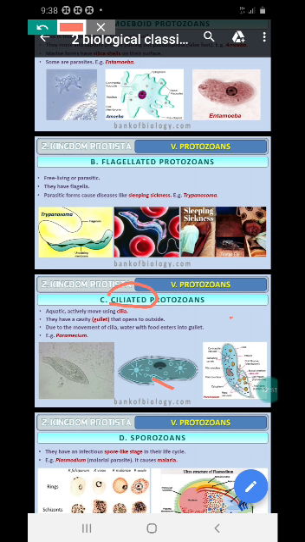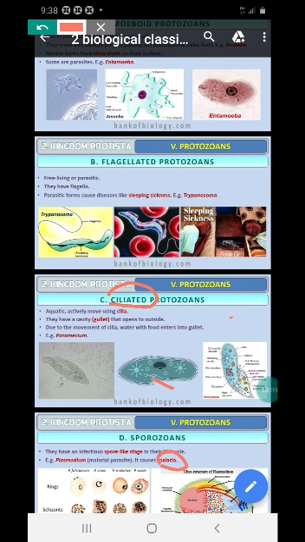For example, Plasmodium, which causes malaria in human beings. This Plasmodium has two hosts, right? You know that. What are the two hosts? The mosquito and human being.